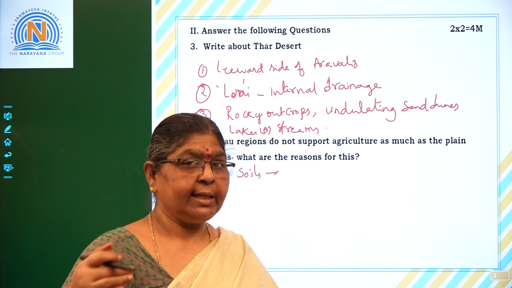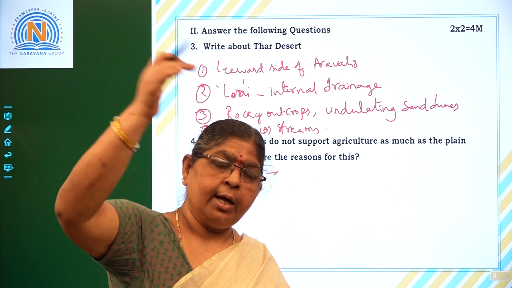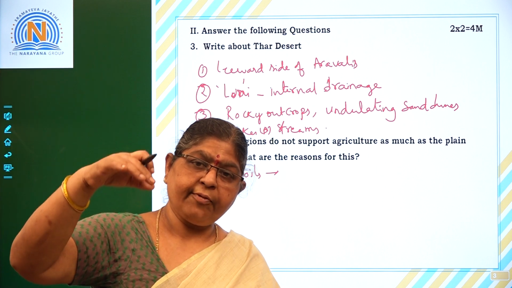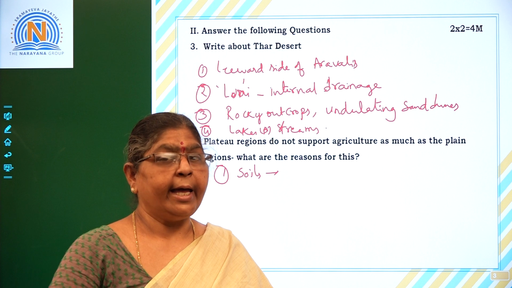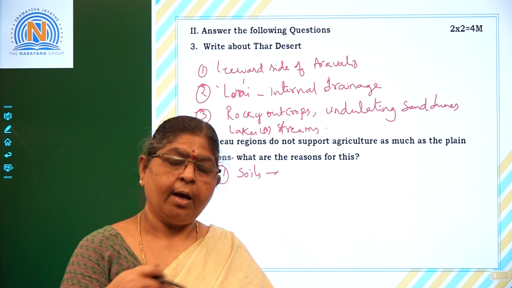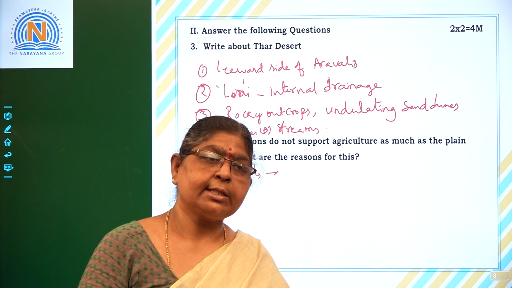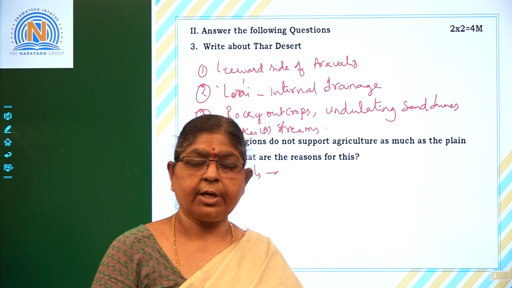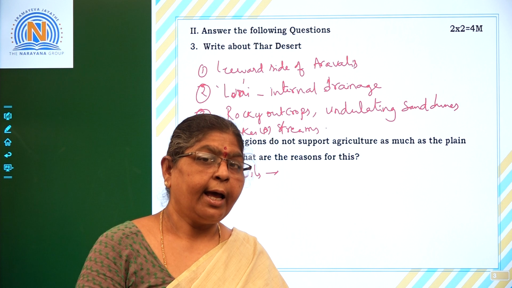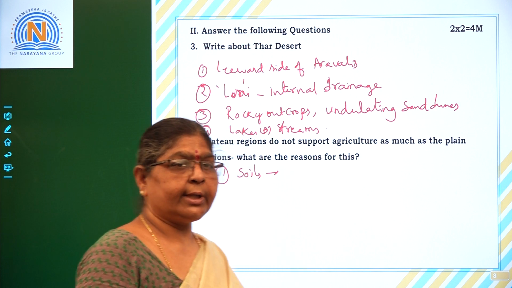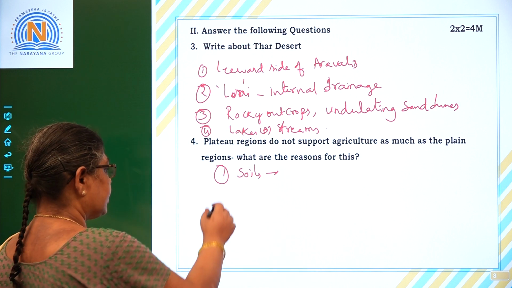Whereas in the plains, the rivers deposit very fine fertile alluvium, hence that is useful for agriculture. But in this plateau region, the formation of minerals is there, hence it is not that suitable for agriculture. That is the first one.